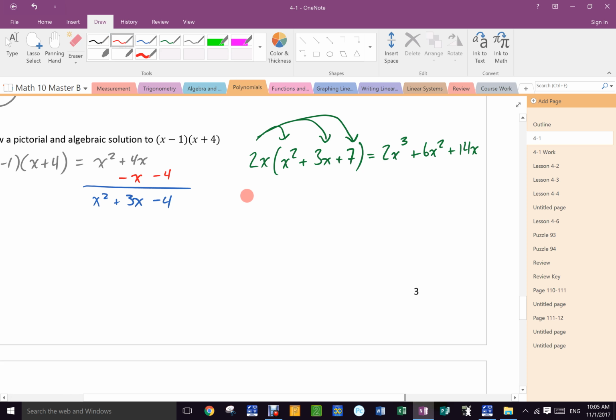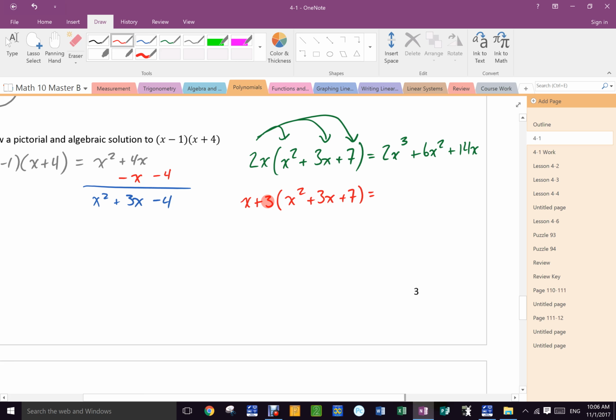What then would happen if it was this? Now how many distributions must I make? 6. Because I must distribute the x, and then I must distribute the 3.